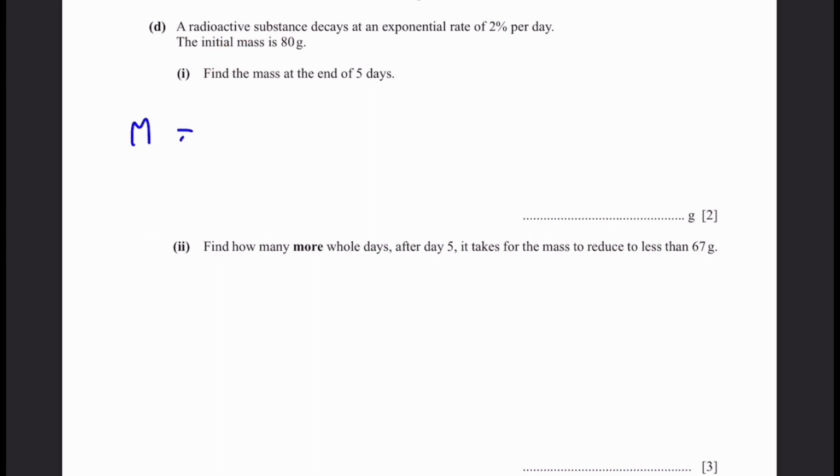So the mass at the end is equal to I, the initial mass, multiplied by an amount which makes it smaller. That amount is the percentage subtracted from 100: M equals I into (1 minus R by 100) to the power of D, days. And R is the percentage value.